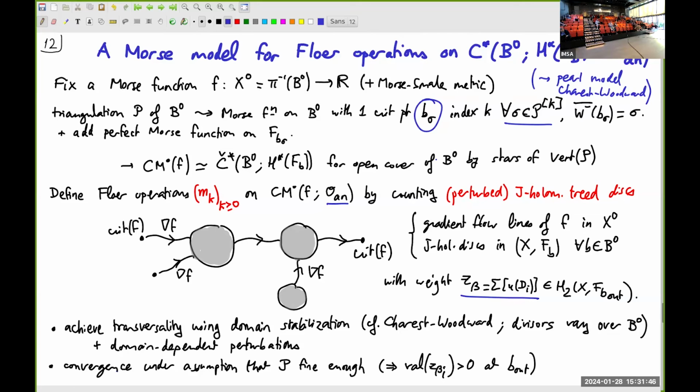And so the Novikov valuation of z^β, for a disk of class β, is guaranteed to be positive where the disk happened. By the time I get to the end of my Morse tree, it might not be positive anymore. So the solution to prevent that is to ensure that the Morse flow lines stay in sufficiently small domains in the base B. So basically that my subdivision P of the base is sufficiently fine. How fine? Essentially the same radius as for, let's say, the Fukaya category in family Floer theory.